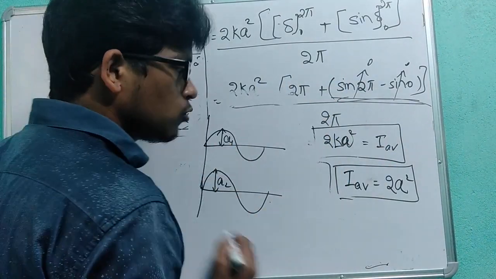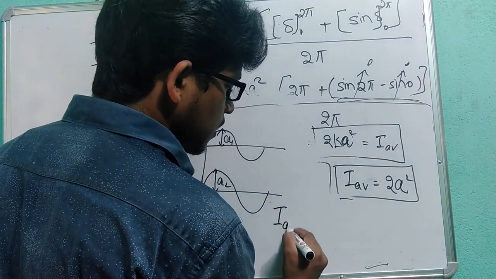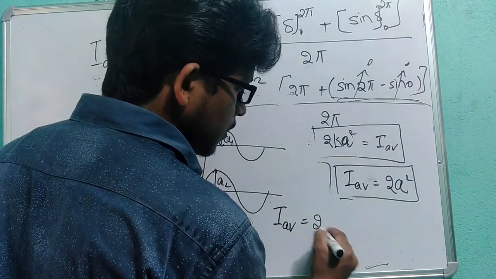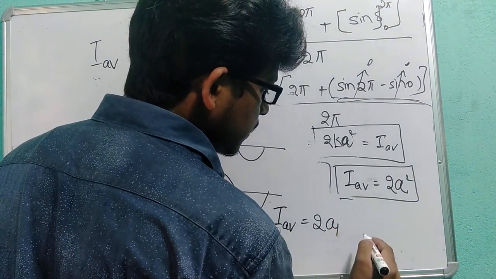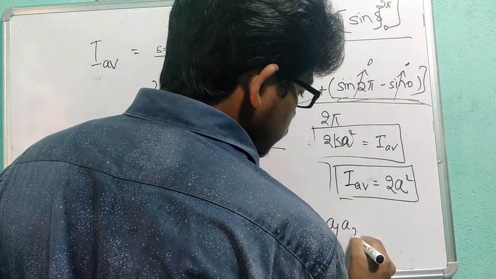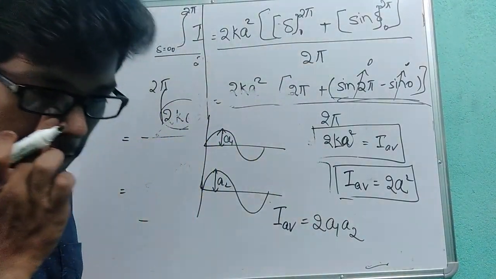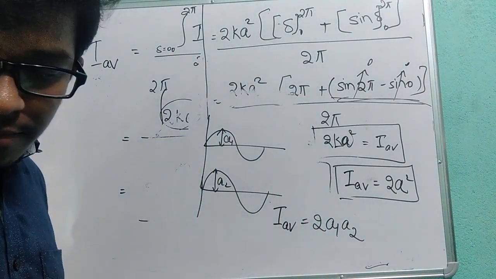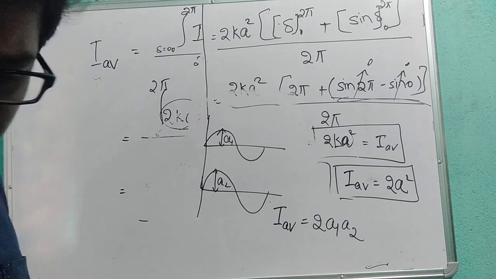So if we put A1 and A2, what is I average? 2 into A1 into A2, right? Did I make any mistake?